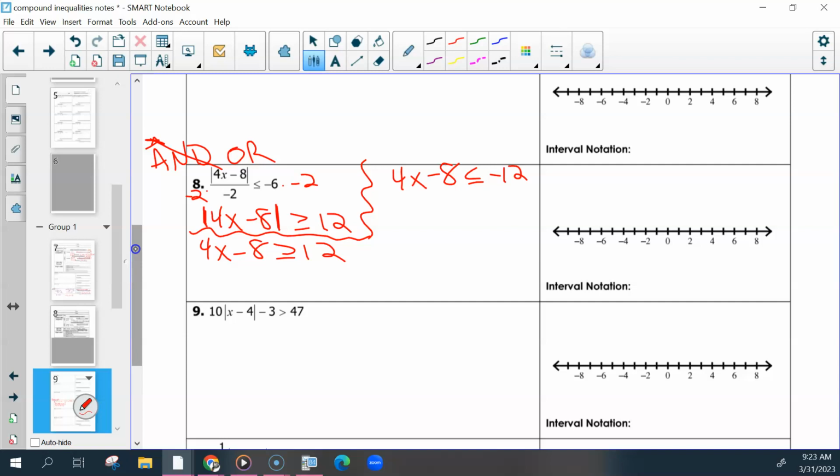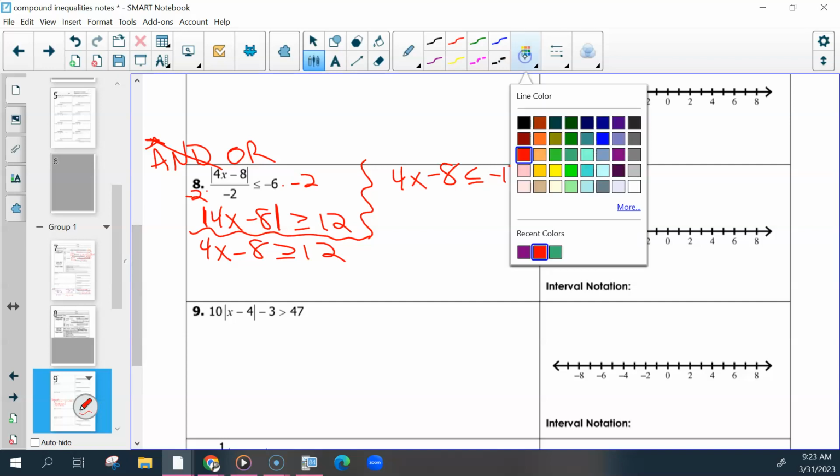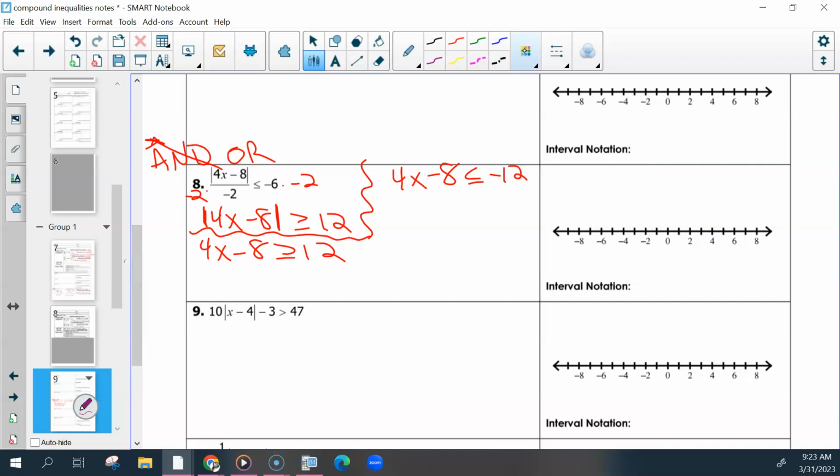And then we can solve both. Add 8. Divide both by 4. So this one gives us x is greater than or equal to 5. This one gives us x is less than or equal to negative 1.